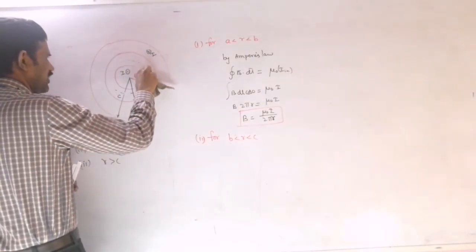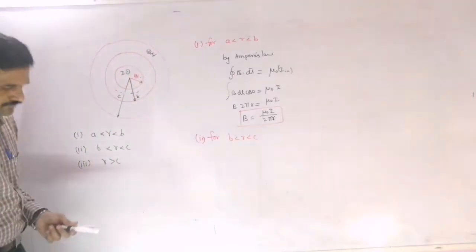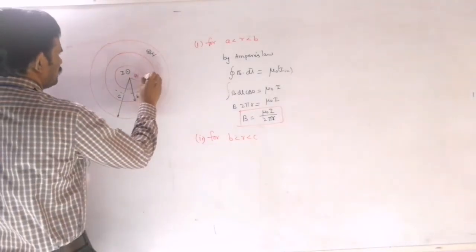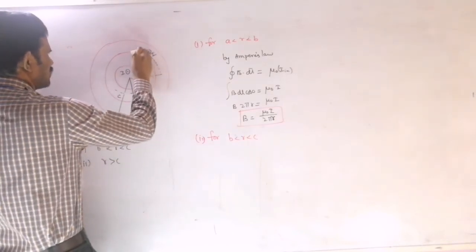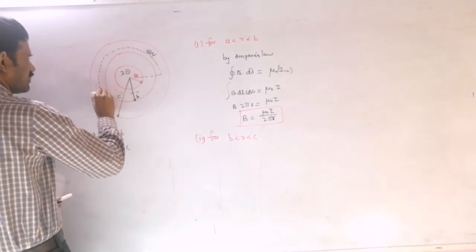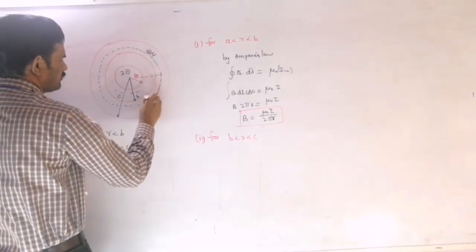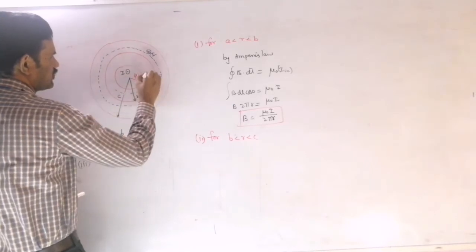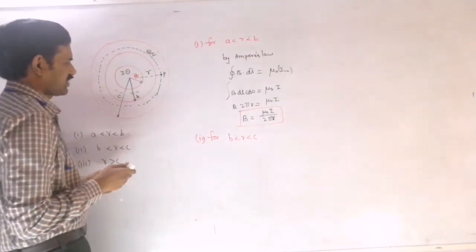So now our point P is lying here. That means the radius r is now like this. So this is the distance r here, and this is the point P. At that point we need to calculate.